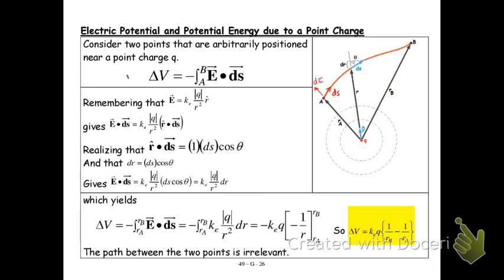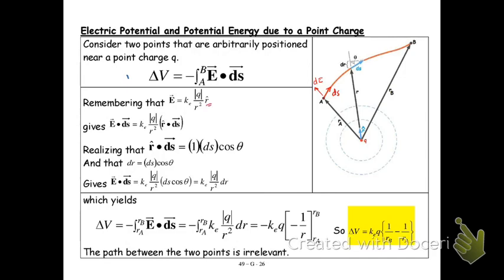I say my change in potential, my potential difference, is equal to minus the integral of E dot ds. And I can remember that E is equal to k_e q over r squared r hat. So I can substitute that in, and I get ds dotted with the r hat, rather than dotted with the E, because I've expanded the E, and the vector bit is that r hat.